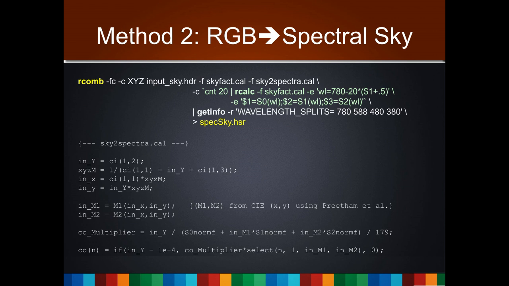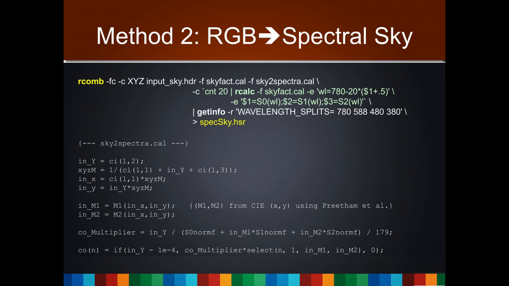The color conversion itself is also computed for 20 spectral samples using RCalc and the S0, S1, and S2 functions that are defined in SkyFact.cal. So we send 20 samples through this RCalc command. That's really quick.